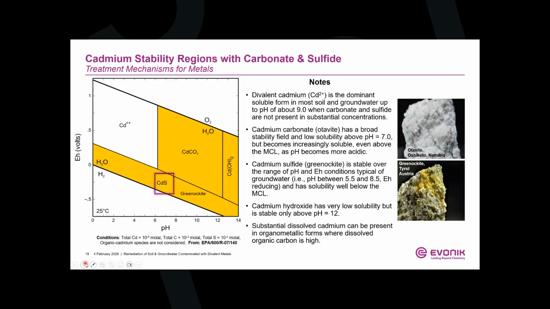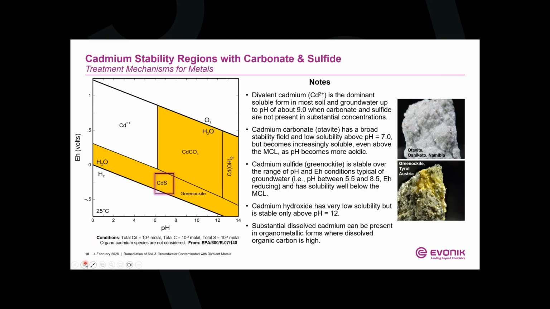A couple interesting points. Cd2+, of course, is the dominant soluble form in groundwater, and it will precipitate either as a carbonate or as a sulfide. Cadmium carbonate has fairly low solubility, and it has pretty good low solubility so long as your pH stays above 7, but it becomes increasingly soluble even above the MCL as pH moves into the acidic range.